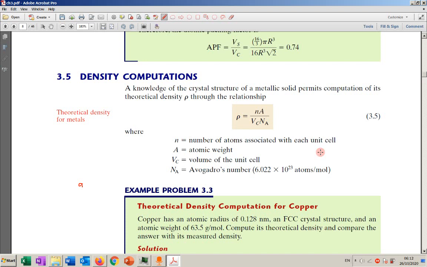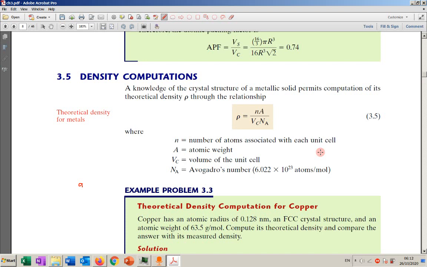Now, theoretical density should be very close to the practical density, the actual density of the material. Remember, this is a theoretical we're calculating, but it should be very, very close to the actual density of a metal.